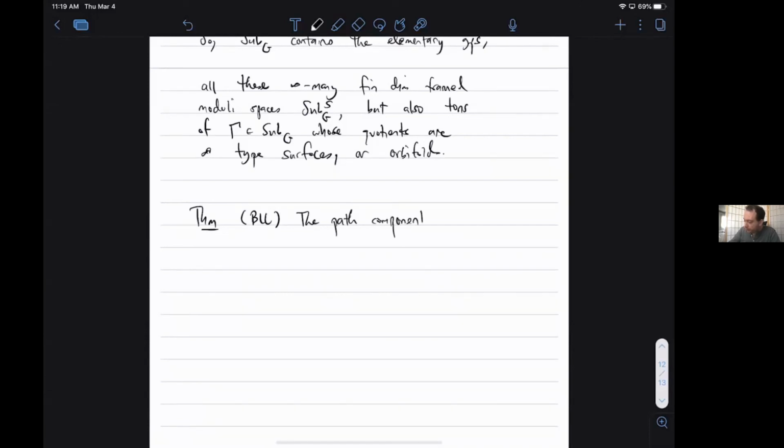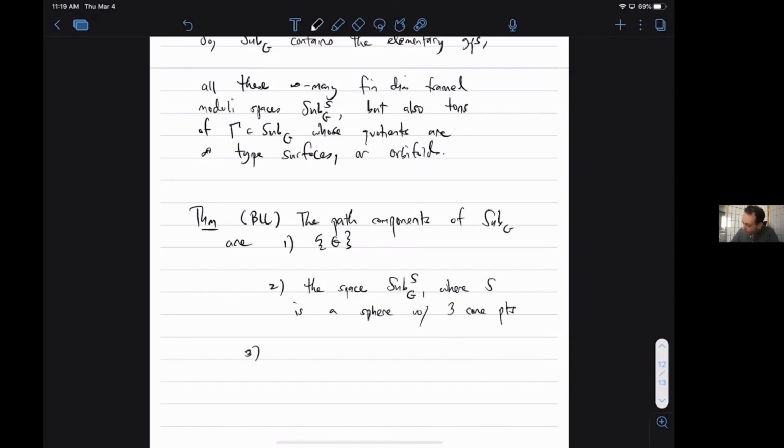We characterize the path components of G. There's the singleton set {G}, there are the spaces G_S where S is a sphere with 3 cone points, and there's everything else.